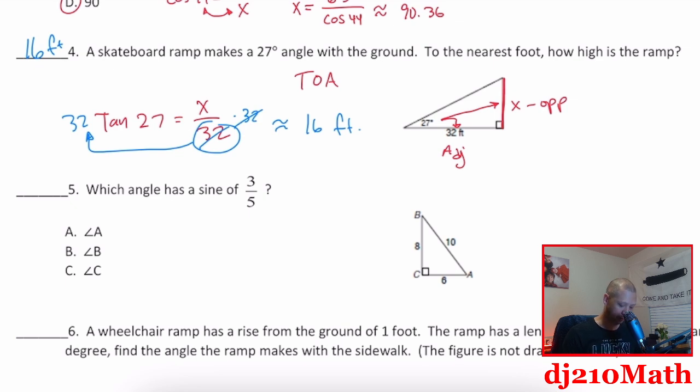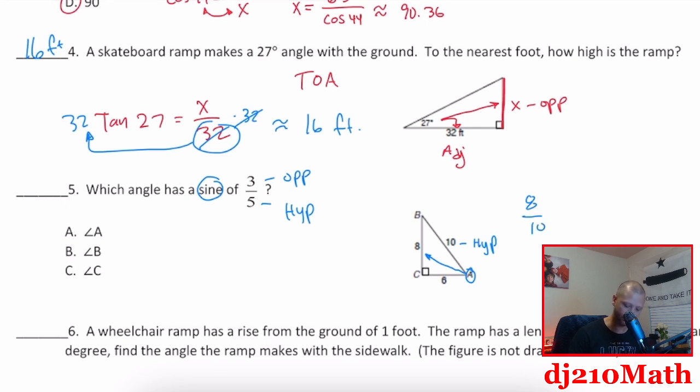All right, number 5. Which angle has a sine of 3 over 5? So sine 3 over 5. Sine is opposite over hypotenuse. So I want to take the opposite side over the hypotenuse and make 3 over 5. So if we look at A, opposite over hypotenuse, 8 over 10.